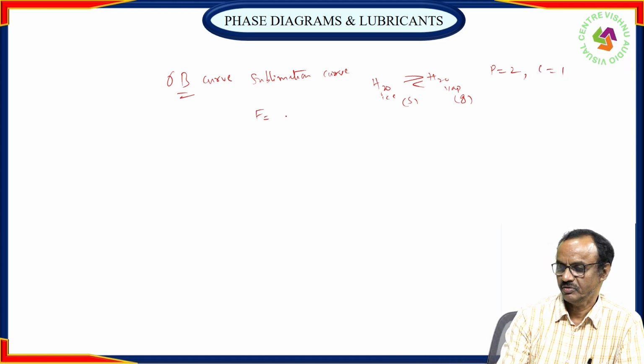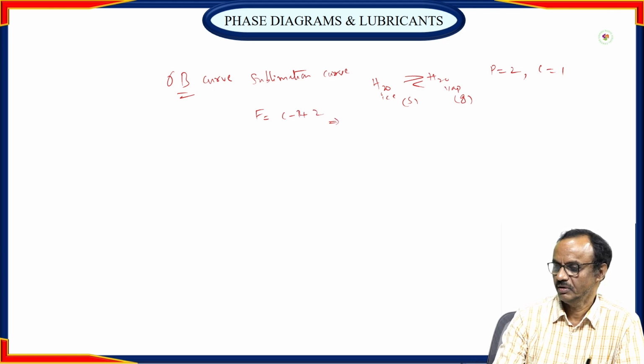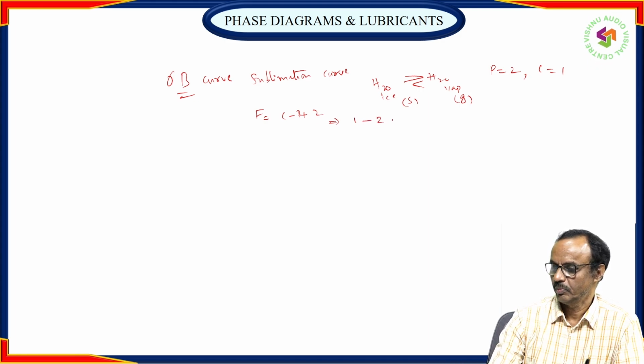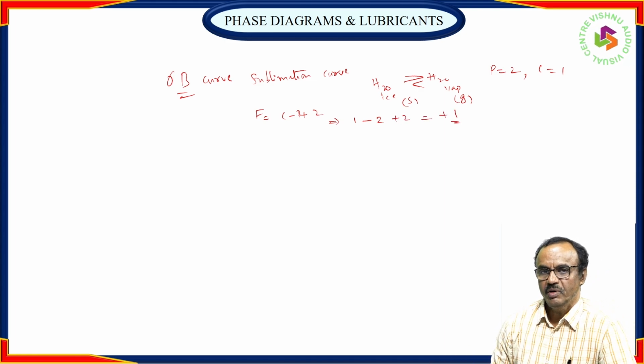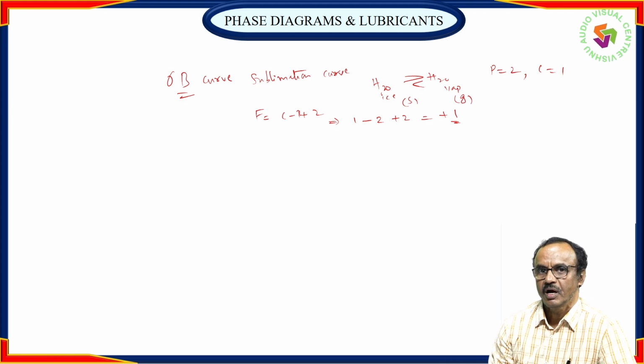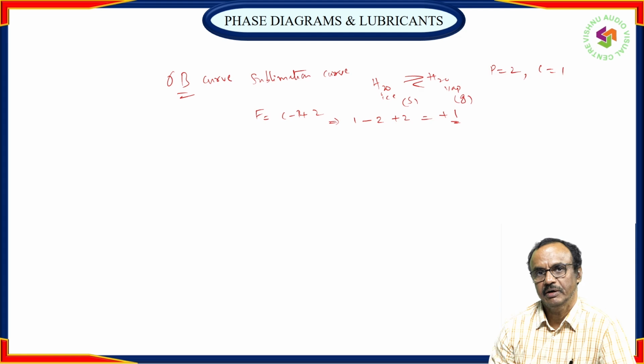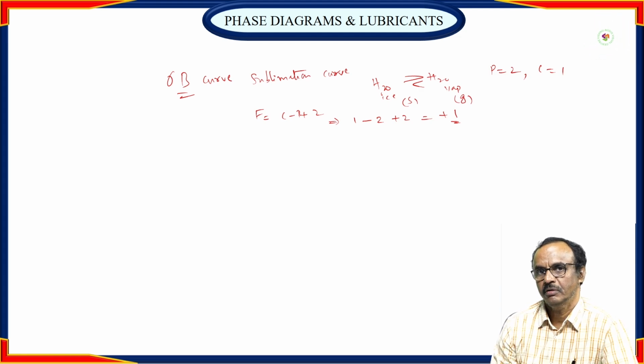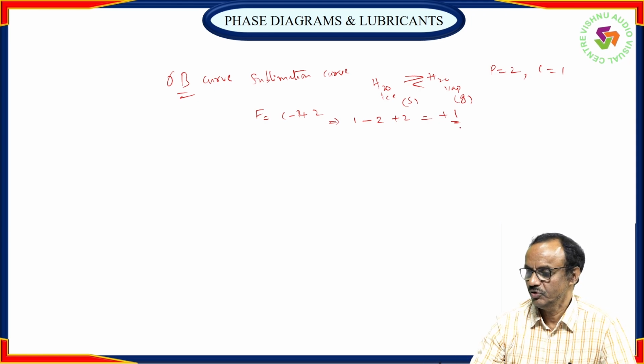Degrees of freedom is equal to C minus P plus 2, is equal to 1 minus 2 plus 2, is equal to 1, univariant. So along the OB curve at any point both are at dynamic equilibrium; by changing either pressure or temperature, equilibrium changes, right? Therefore it is univariant.